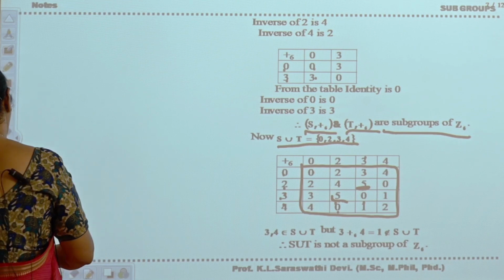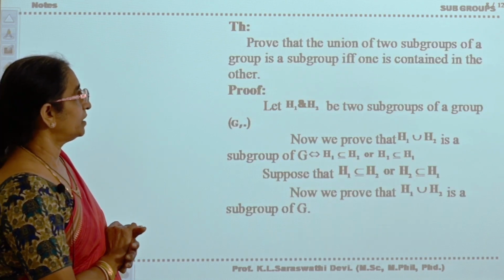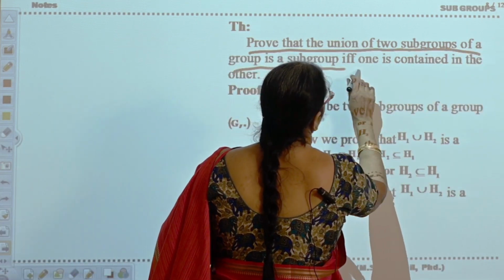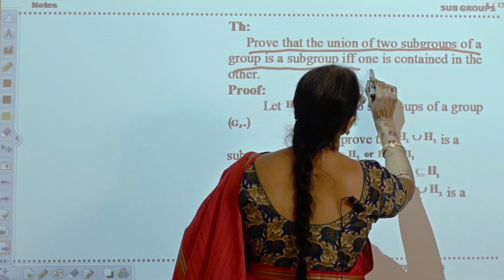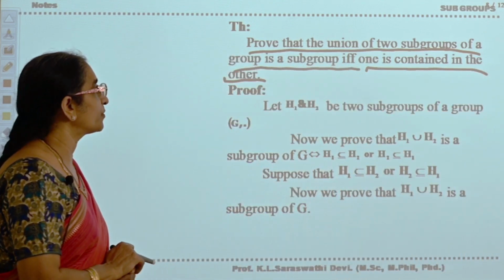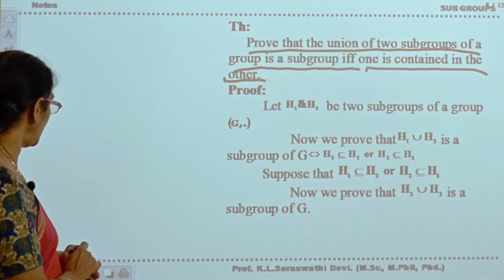How is it? See as a theorem. Prove that the union of two subgroups of a group G is a subgroup if and only if one is contained in the other.